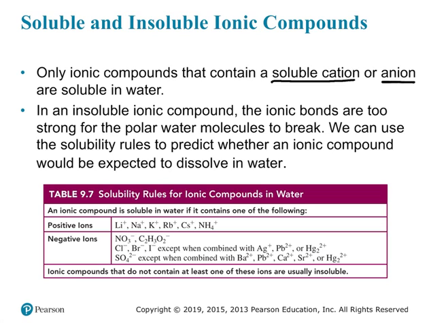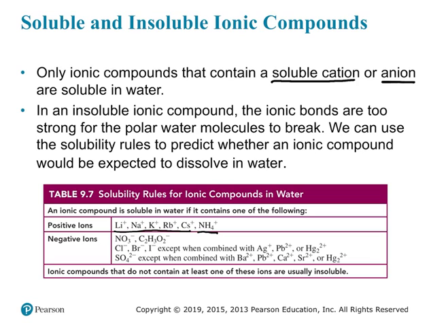If you have a group 1 alkali metal ion, like lithium, sodium, or potassium, those will always be soluble. No matter what they're bonded to, they're going to dissolve in water. Also included in that category is the ammonium ion, NH4+. That's always soluble.